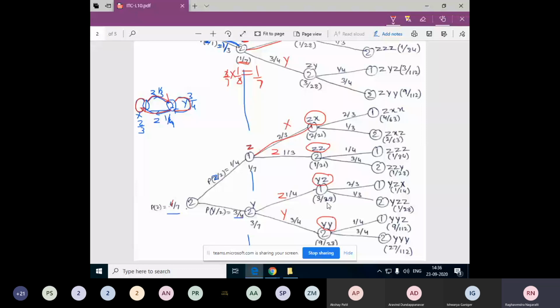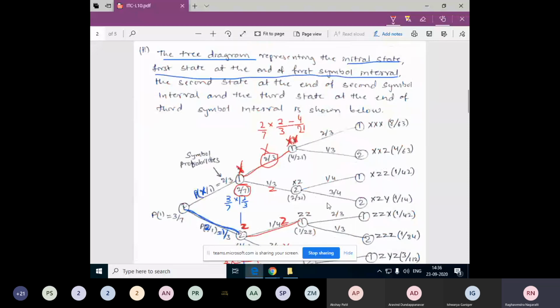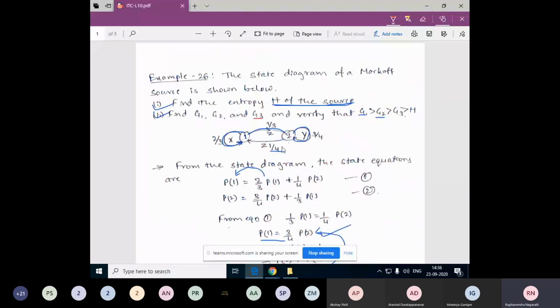So in our example, they have asked us to calculate up to G3. G1 is the average information content at the end of first state, first symbol emission. G2 is the average information content per symbol at the end of second symbol emission.